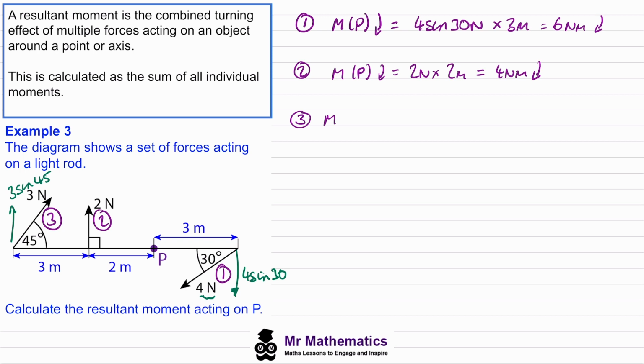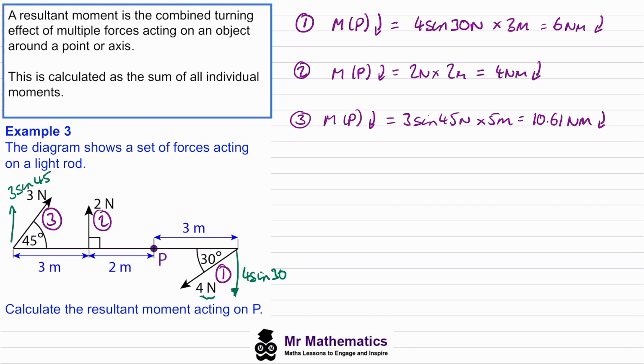So the moment 3P, acting again in a clockwise direction, you can see this is going clockwise, will be the magnitude of a force, 3 sine 45 newtons, multiplied by the distance of 5 meters. So this will give us approximately 10.61 Newton meters, again in the clockwise direction.